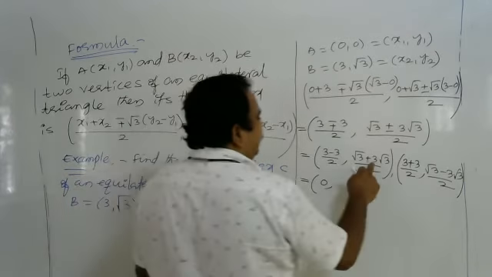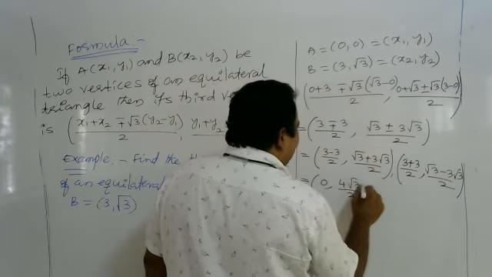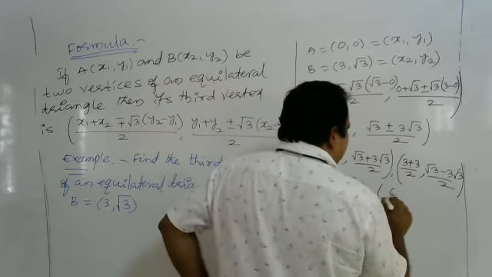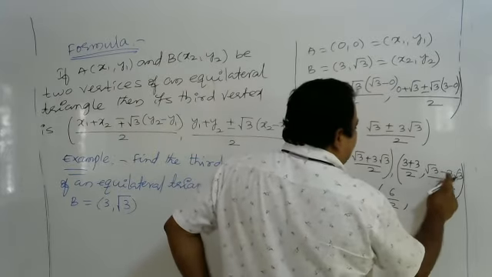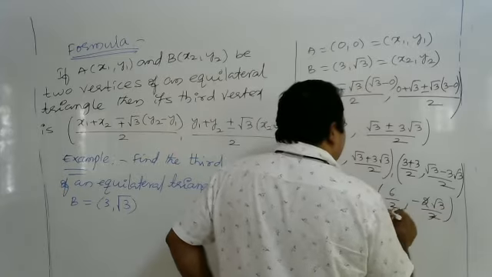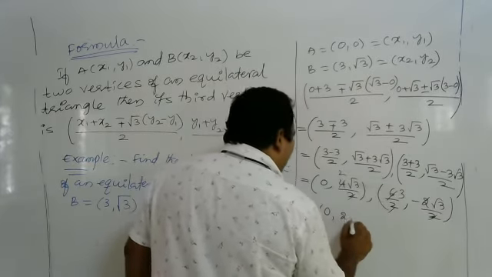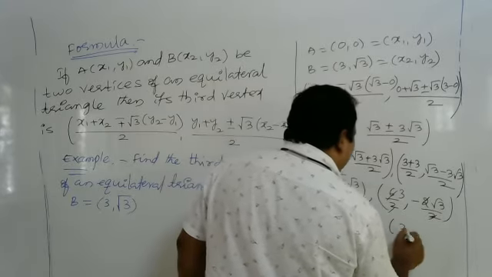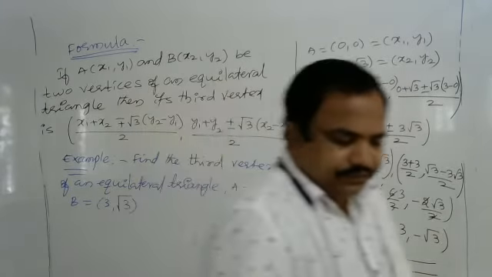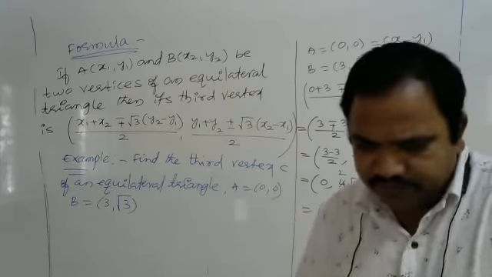Then 3√3 plus √3 is 4√3 divided by 2. Here 3 plus 3 is 6, by 2. √3 minus 3√3 is minus 2√3 divided by 2. So the 2s cancel. So the points are (0, 2√3) and (3, −√3). This is the answer.